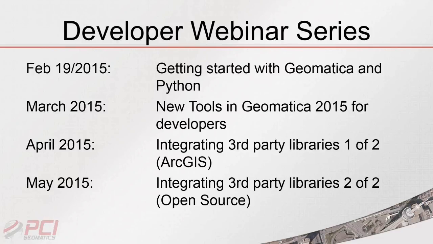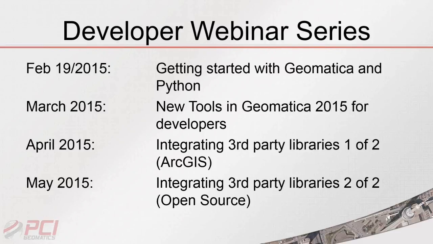In March, so in a month from now, we plan to show you the new capability that's going to be available in Geomatica 2015. There is some new exciting capability that will be added to our latest version of Geomatica, which is going to be coming out in the March-April timeframe. For those of you who know a little bit more about our technology, we will have the ability to call intrinsics from Python using our technology.